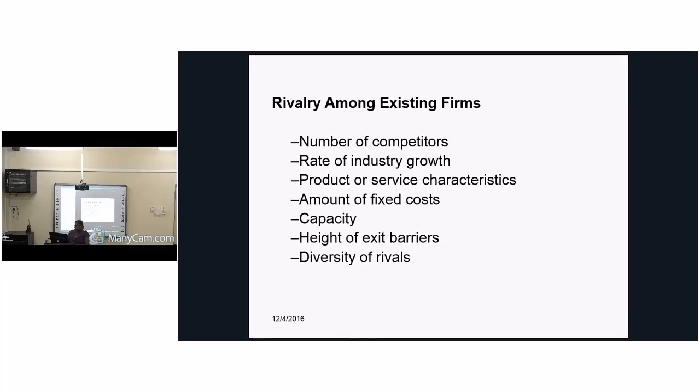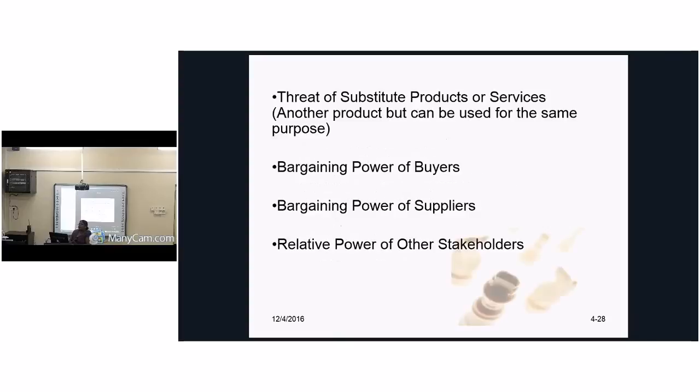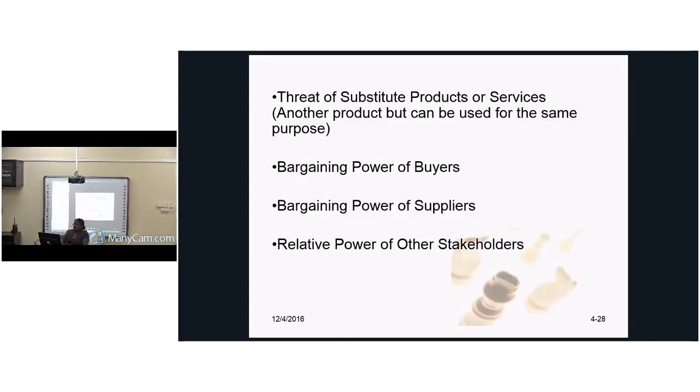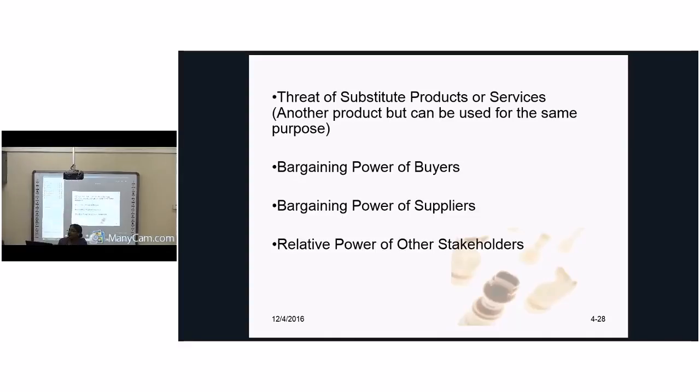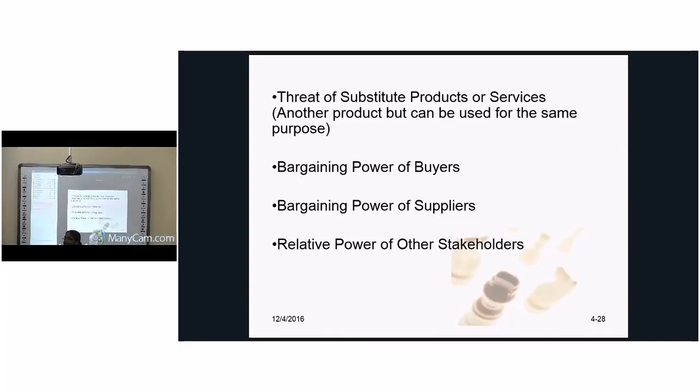Then threat of substitute products or services, bargaining power of buyers, bargaining power of suppliers, then relative power of other stakeholders, all are putting pressure on the industry.